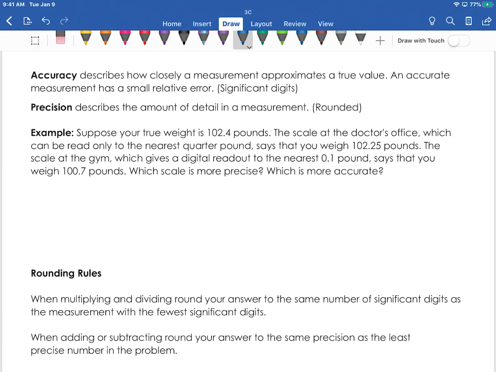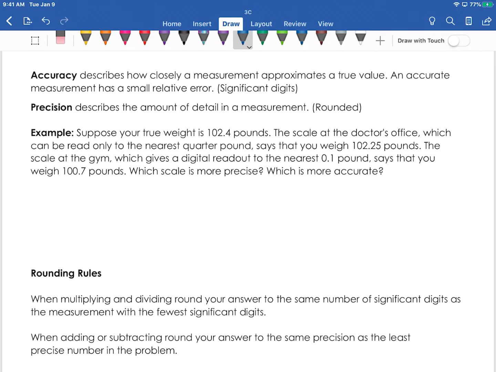So it can only be read in quarters. When you get on the scale at the doctor's office, it says you weigh 102.25 pounds. That's really close to your true value of 102.4.